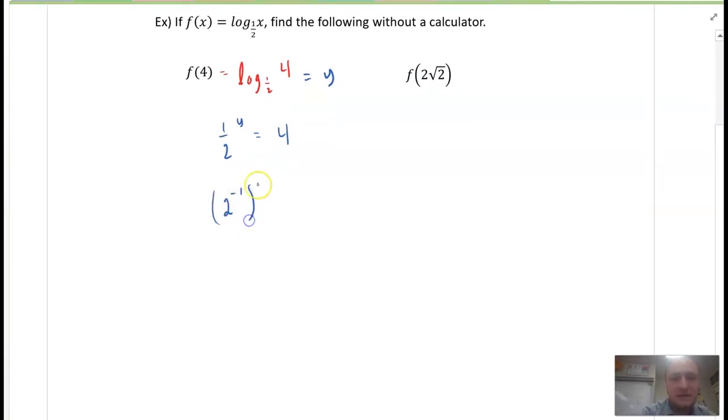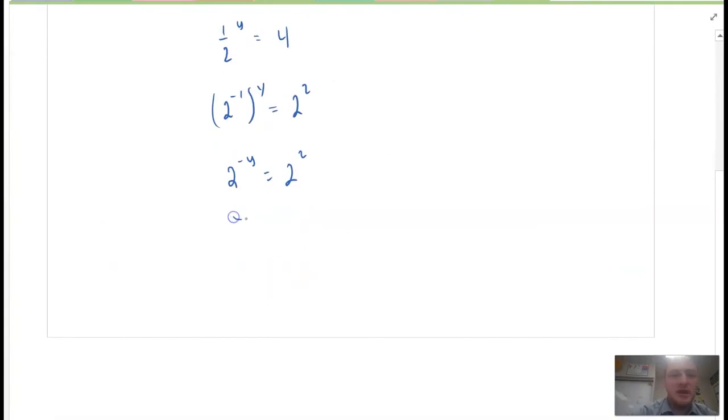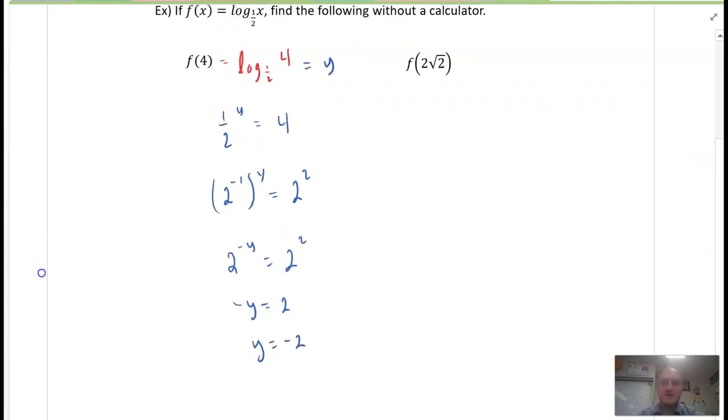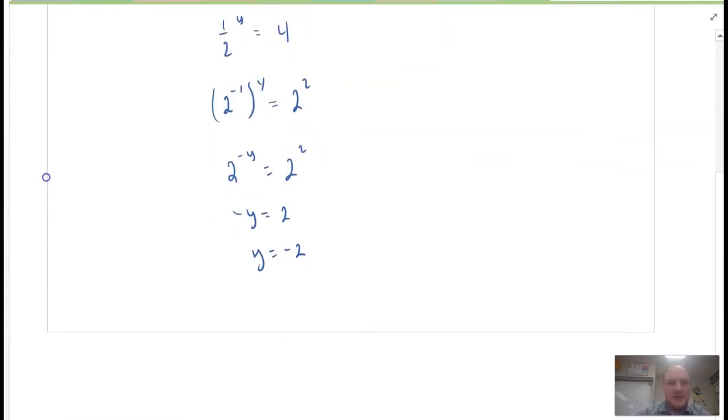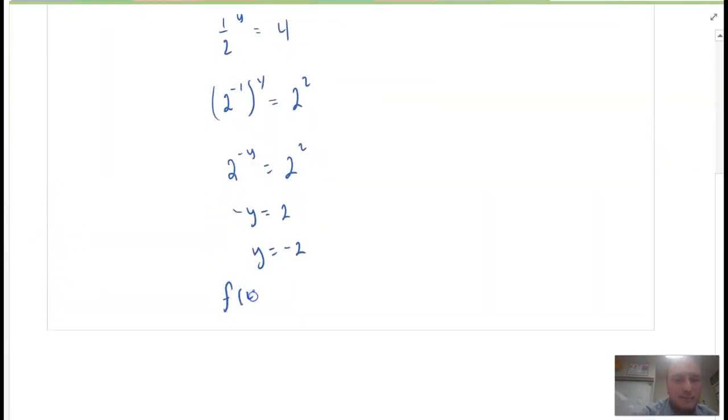So 2 to the negative first is equal to 2 squared. So 2 to the power of negative y is equal to 2 squared. So negative y is equal to 2. Thus y is equal to negative 2. Okay, so what that means is that f of 4 is equal to negative 2.